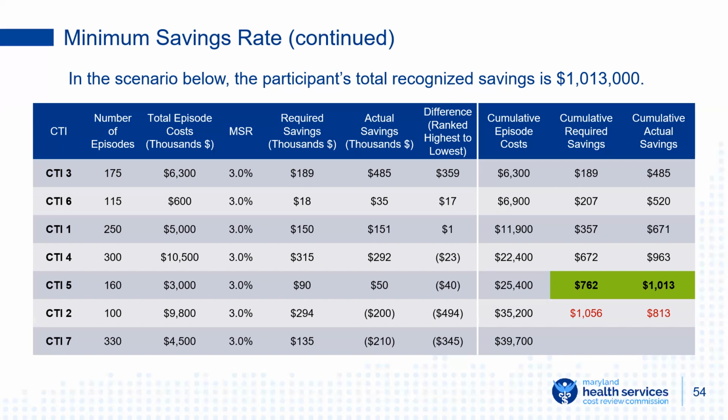And that's what is going to be the ultimate shared savings that's recognized for this particular participant. Those last two CTIs, they missed the savings threshold, actually generated dissavings, but we're not going to subtract that in any way. We just simply stop at what the maximum total positive savings was.